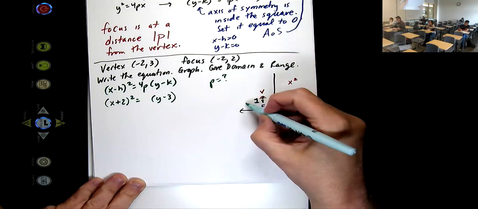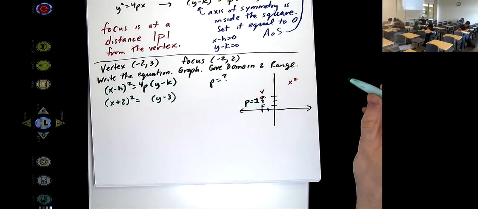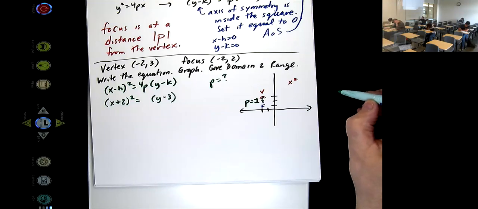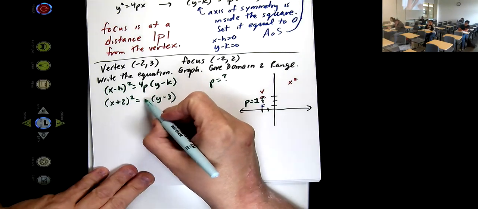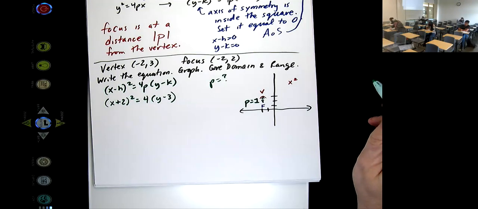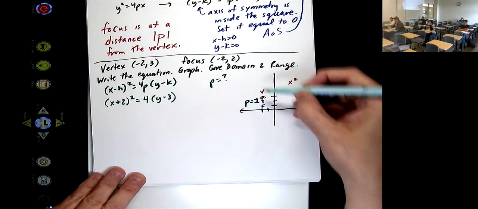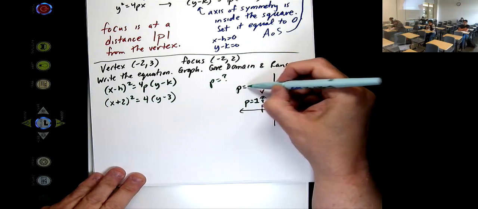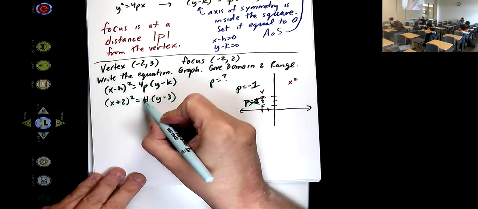That's 1 away, so p is going to be 1. So 4 times 1 is just 4. But it's downward, so I have to make it -1. p is -1, which means that's going to be -4.